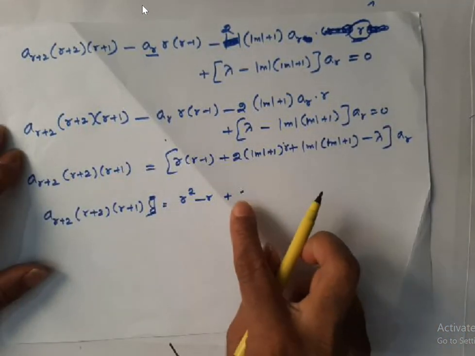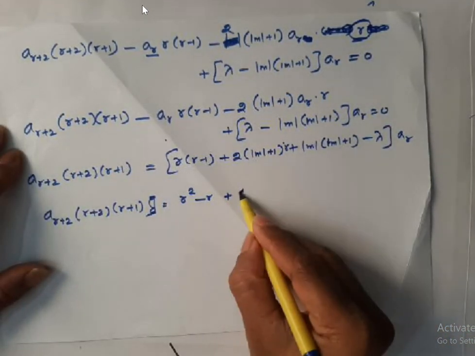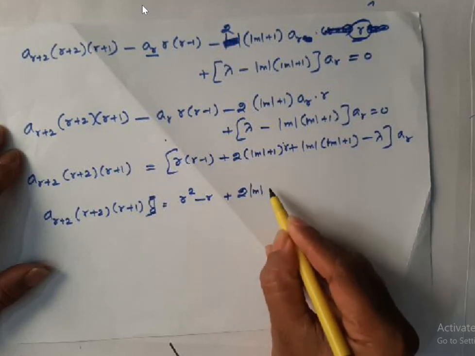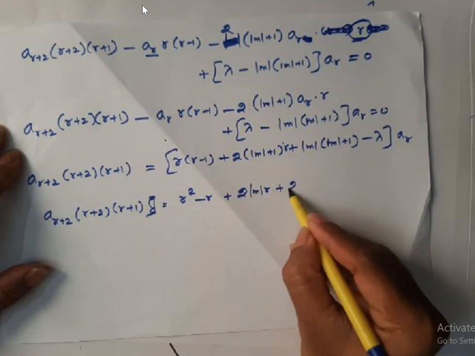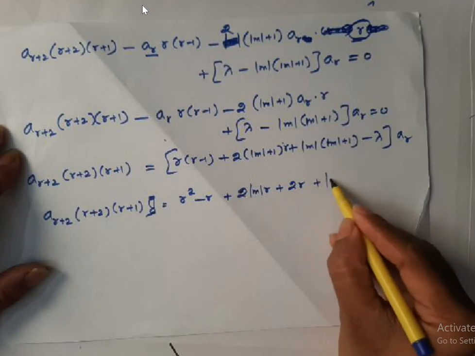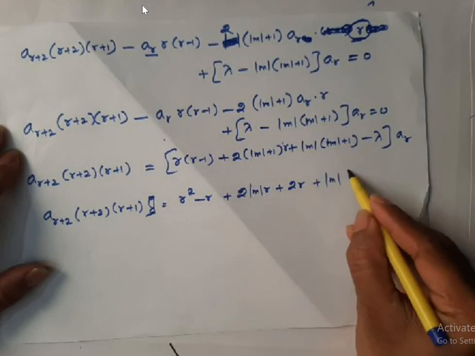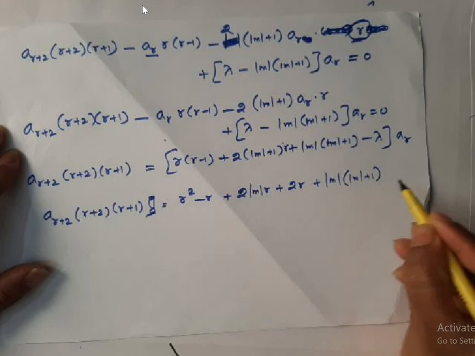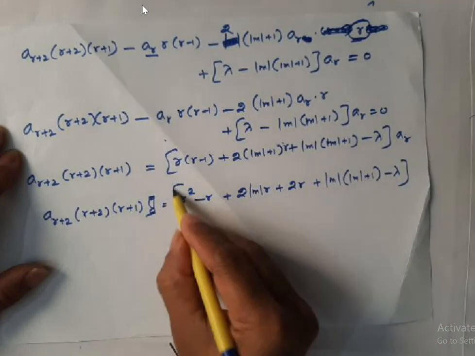So if I multiply this, I'll get 2 modulus of m into r plus 2r plus modulus of m into modulus of m plus 1 minus lambda into ar.